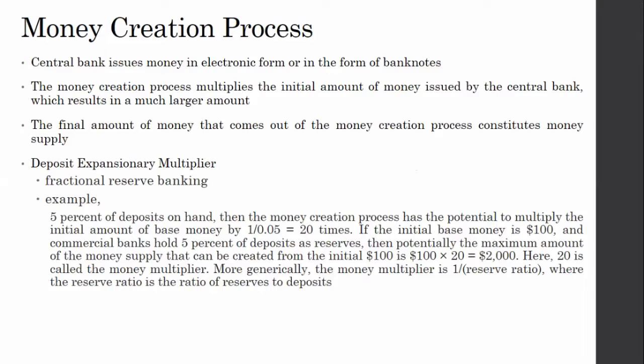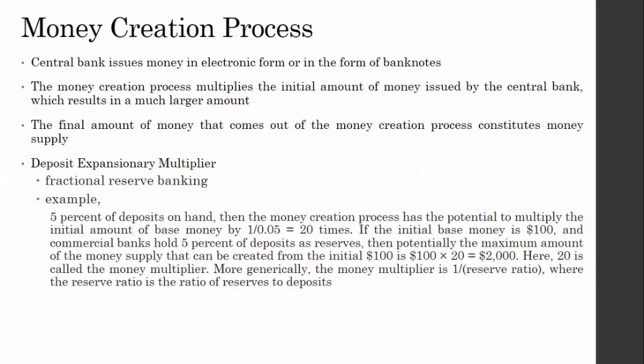So this is the first reason why the amount of money created will be limited: the reserve requirement. The second reason is that the number of borrowers is limited. Why? In our example, we assume that all the deposits will be lent out from all the banks, right? Bank B and Bank C. But in practice, can the commercial banks lend all their money?